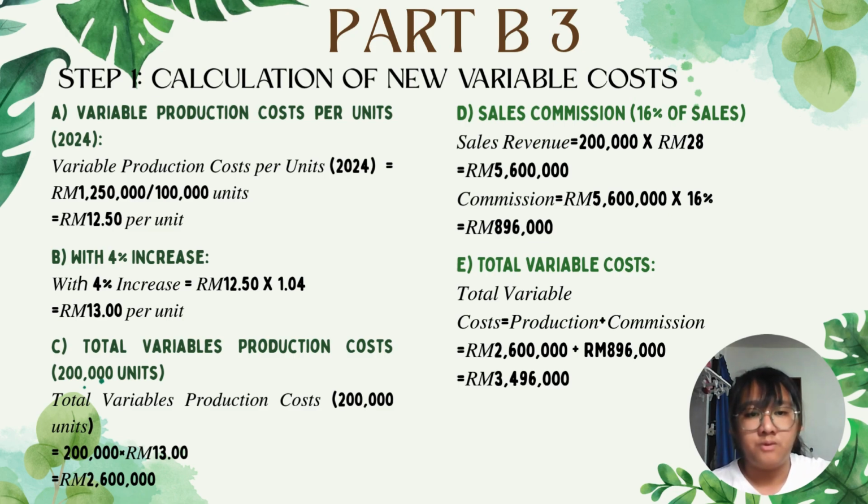When we multiply by the commission of 60%, we get 896,000 ringgit. The total variable cost is the production cost plus the commission, which is equal to 3,496,000 ringgit.